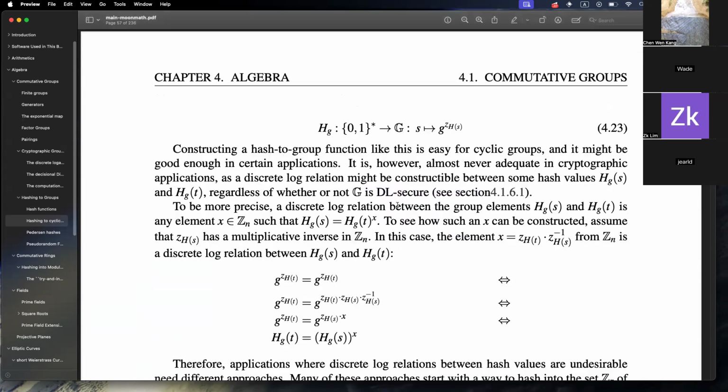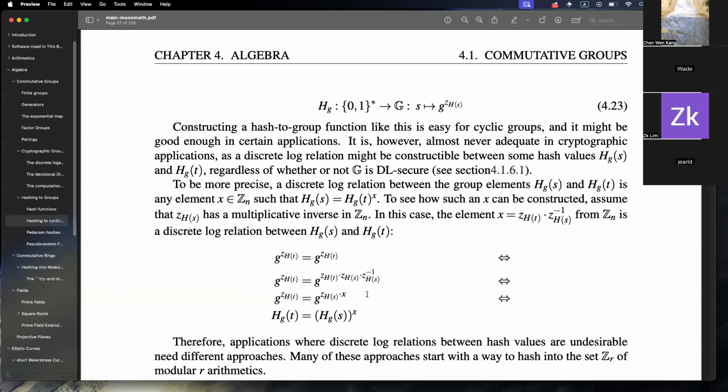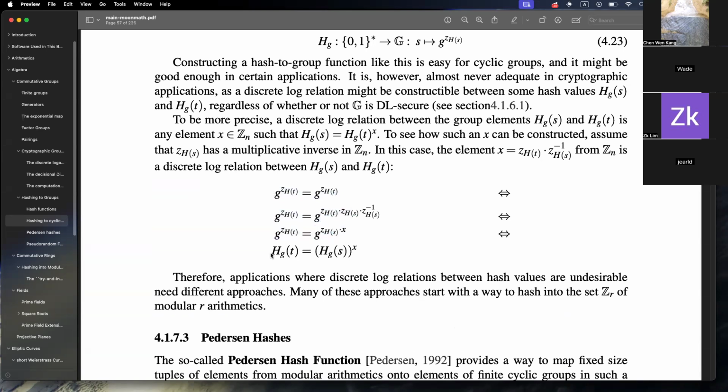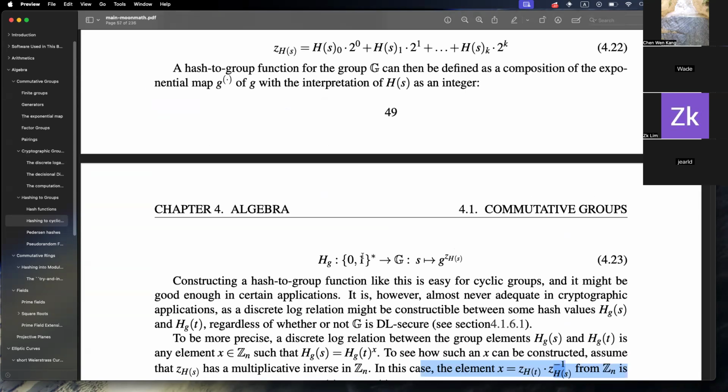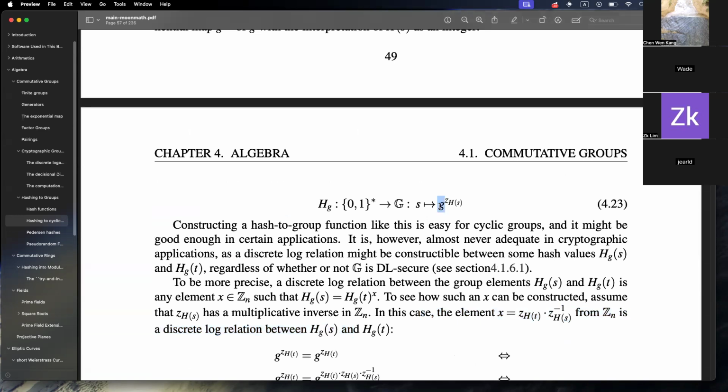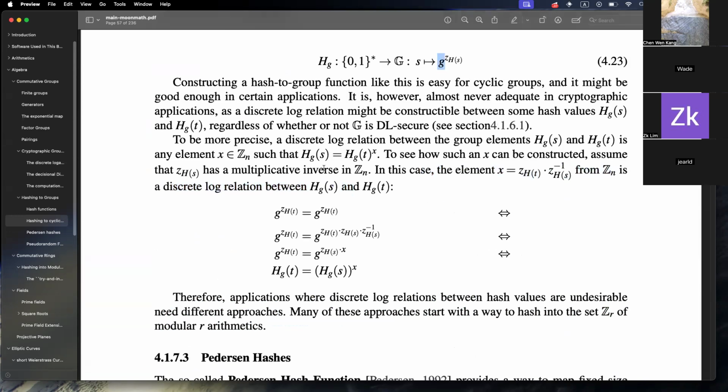You can very easily find a discrete log relation between HTS and HTT, which means that if you have HTS and HTT using this very naive hashing method of hashing over just a single generator, you can just do some calculation and find out the relation between two hash values, which is not good.